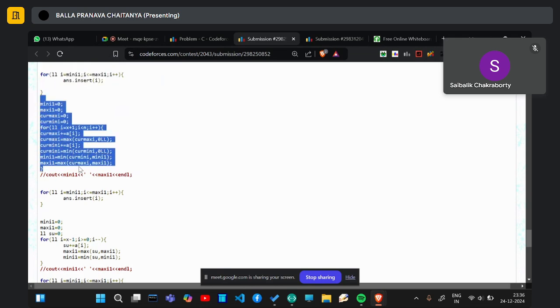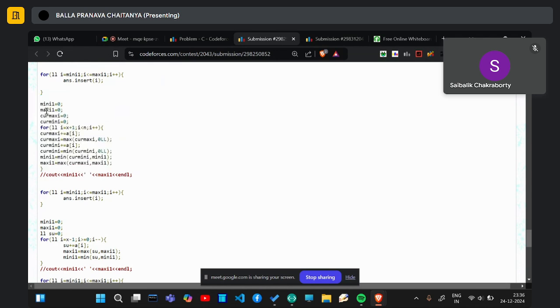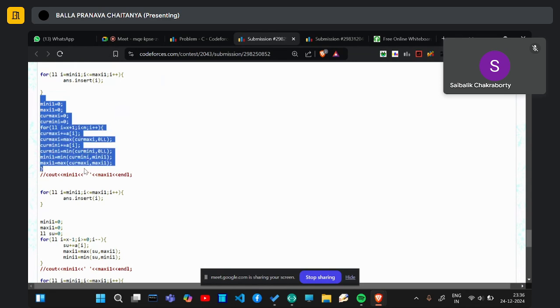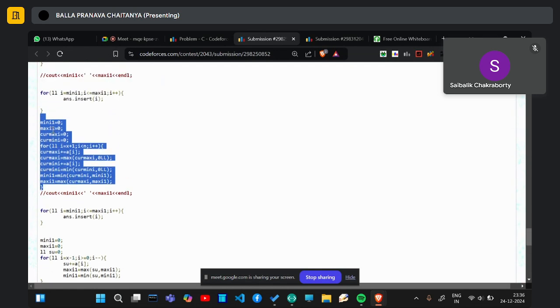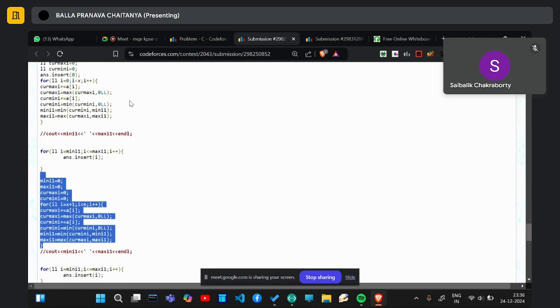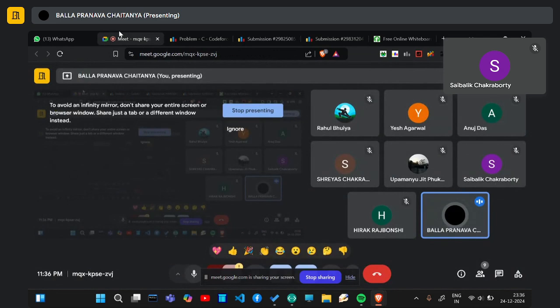This is a standard greedy algorithm. I'm not getting the name, whatever it is. We just find the right subarray sums which we can produce using this greedy algorithm. Do I have to explain the algorithm, or can you look it up? This is a standard greedy algorithm. Yeah, it's fine then.